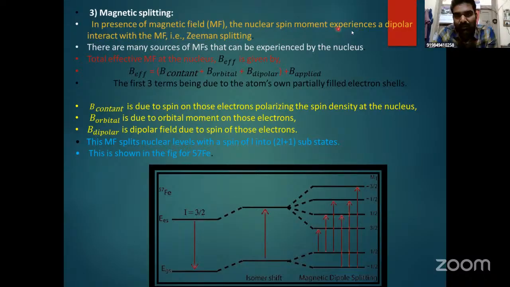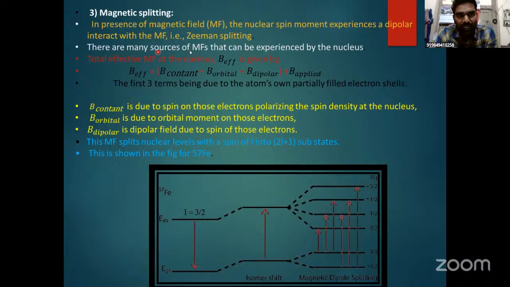The nuclear spin moment experiences a dipolar interaction with the magnetic field. That is called what? That is the Zeeman effect, we will say. Whenever a nuclear spin moment experiences a dipolar interaction with the magnetic field, that is the Zeeman effect.